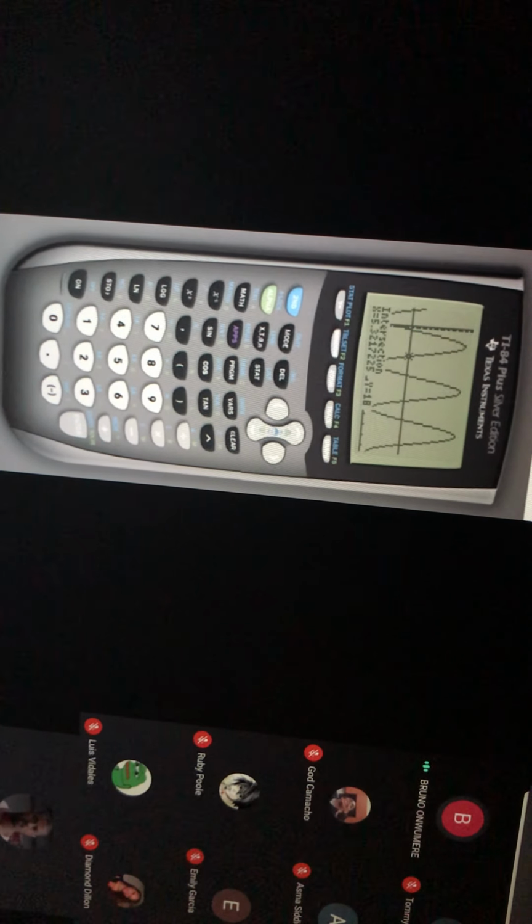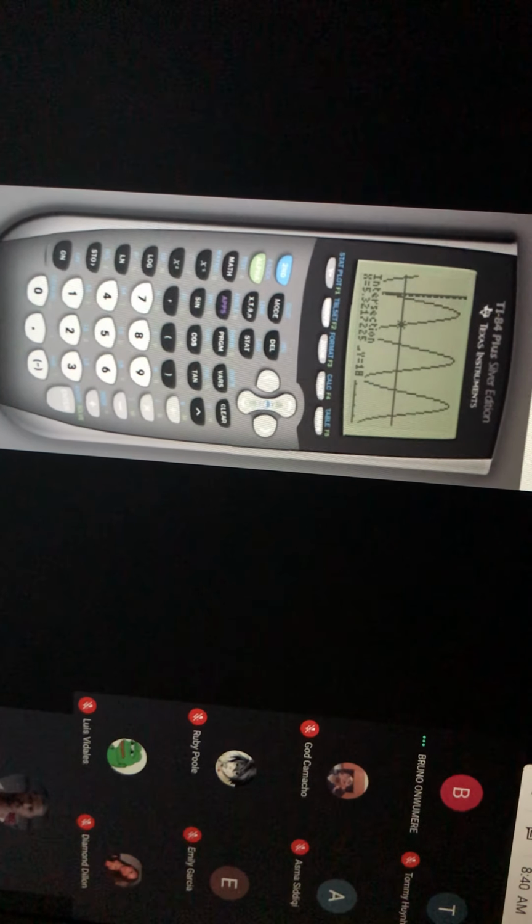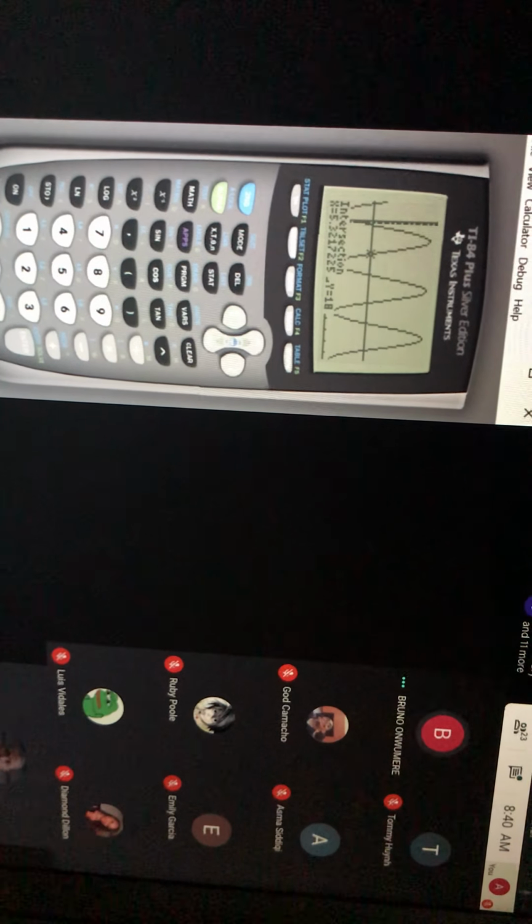What do you see now? At what time did that happen? Somebody give me an answer. It happened when t is equal to 5.3217.